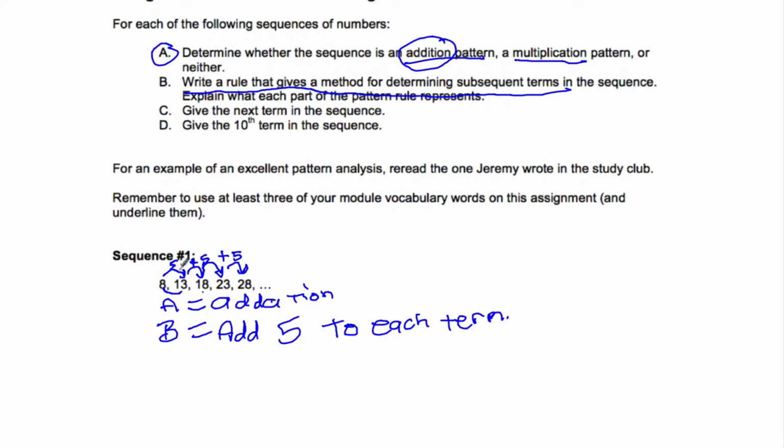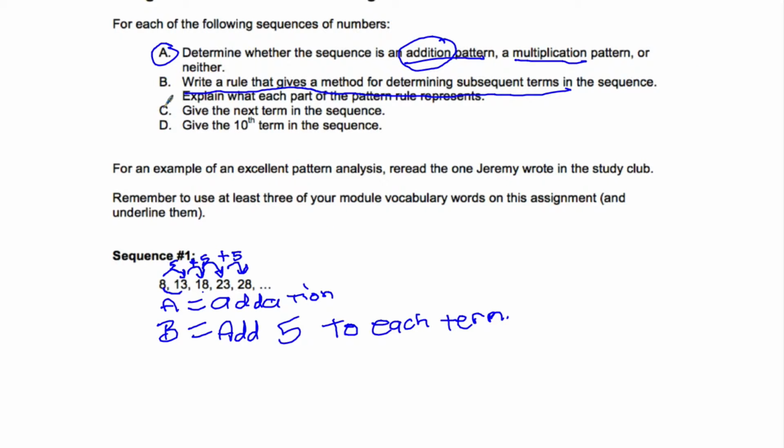And that's what it's looking for. It says, tell me a rule. Like, if you're explaining this to me on the phone, you're going to say, hey, it's adding 5 each time you get a number. And that's all B is. It just says, tell me what's happening.